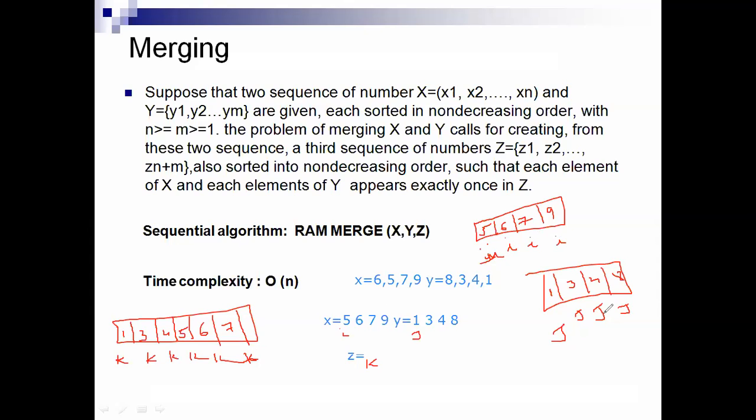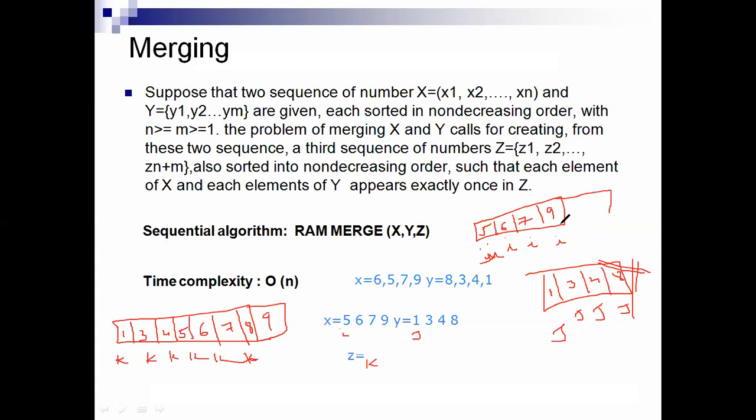See here in this case, 8 and 9. j is the least element, i is the largest element. So I store the j value here. After that, there are no elements remaining in the j block, so we directly store the remaining elements in k.